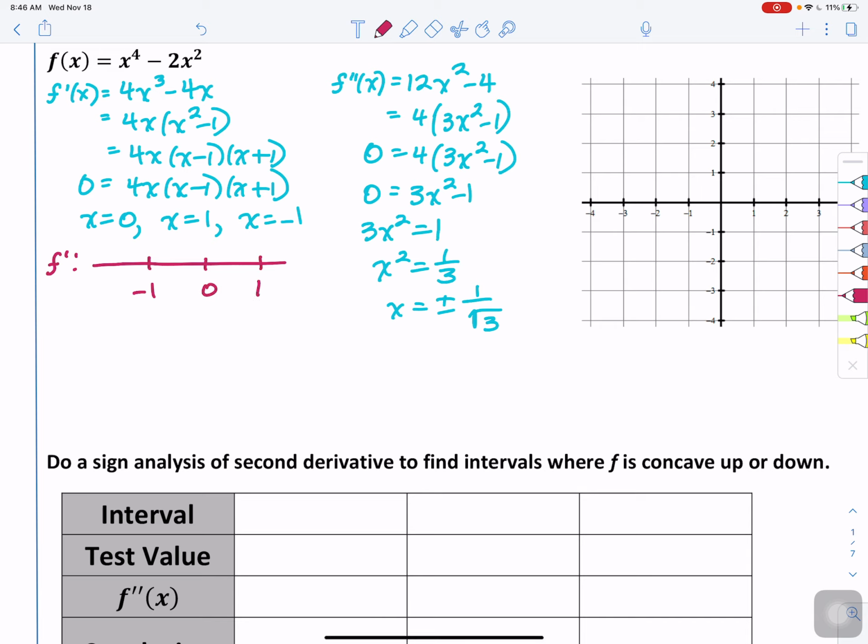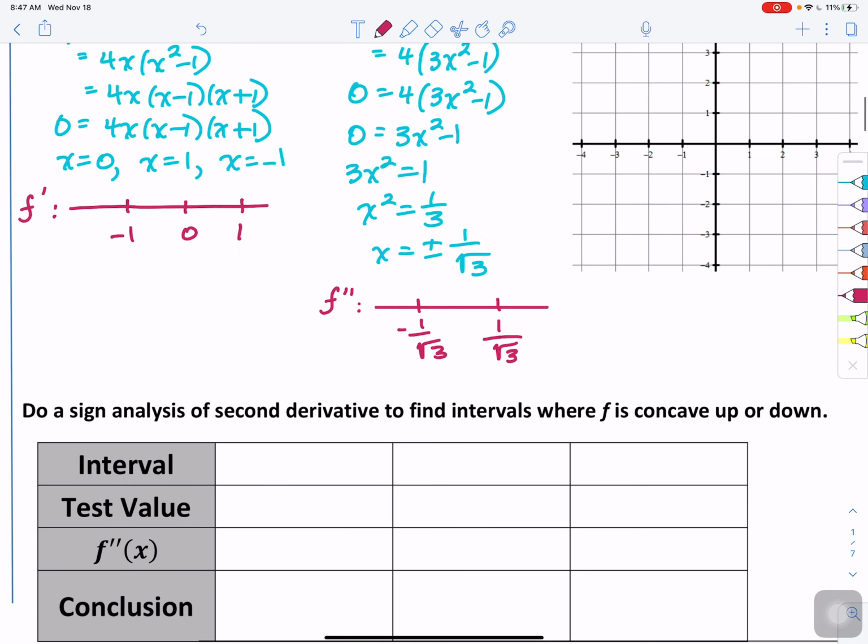This is where the first derivative is equal to 0, and I don't want that to look like a second derivative, so let me write first derivative, okay? So that's really important. Now we're going to take a look at the second derivative, and that's just going to be negative 1 over root 3 and 1 over root 3.